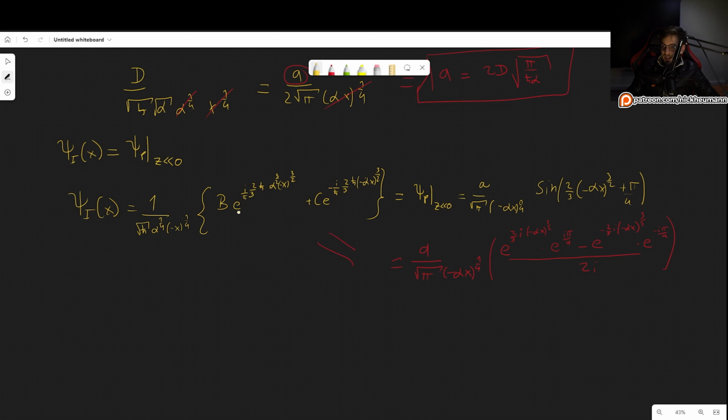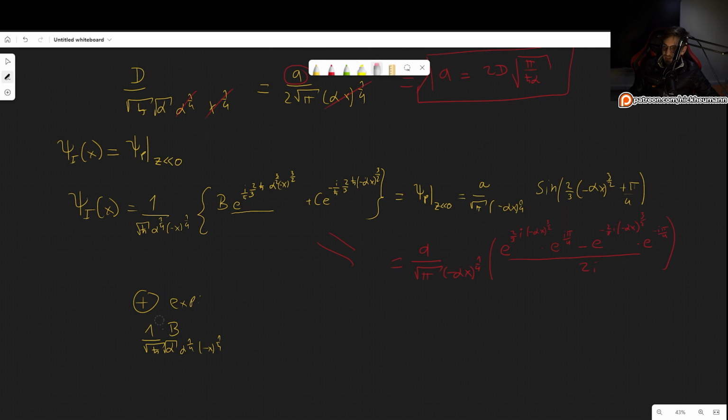So let's begin equating the positive exponent with the positive exponent. So when we do that, positive exponent, we get 1 over the square root of h bar alpha to the 3 over 4, but alpha to the 3 over 4 is the same as square root of alpha times alpha to the 1/4. And then we have minus x to the 1/4, and all of this times b.